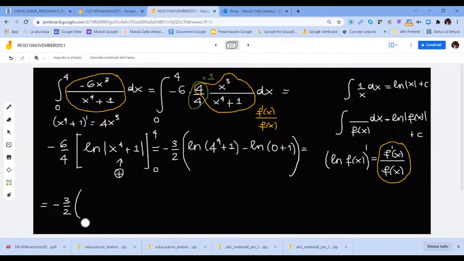4 to the third is 64. 64 times 4 is 256. That means the logarithm of 257 minus the logarithm of 1, which is 0.